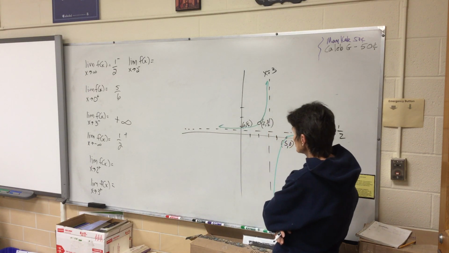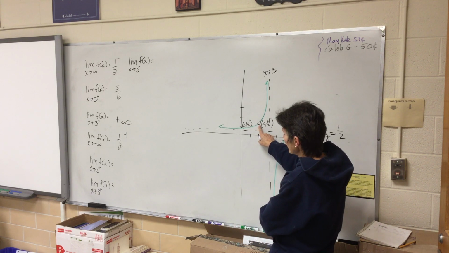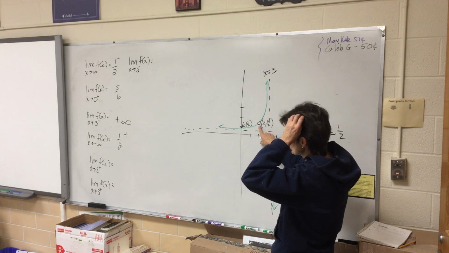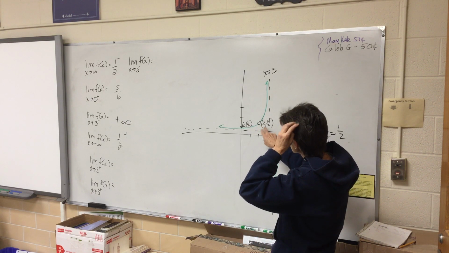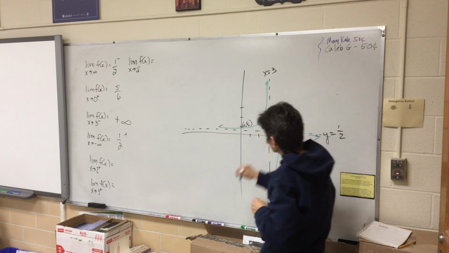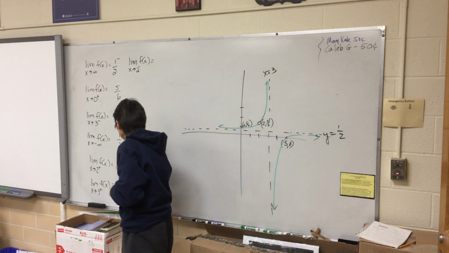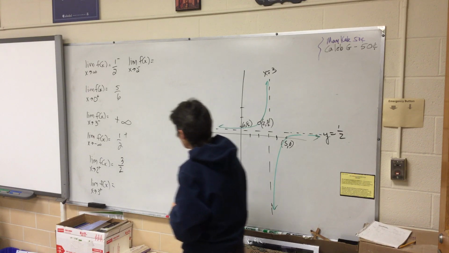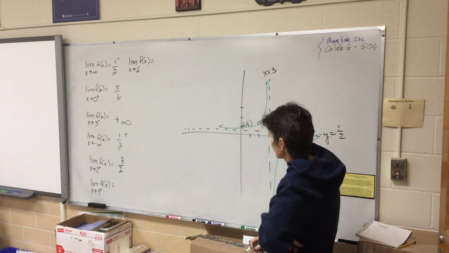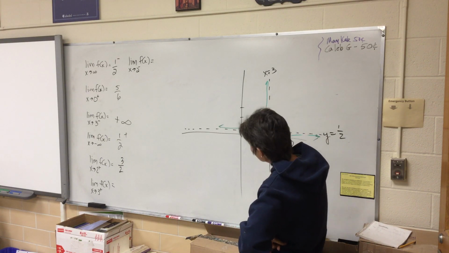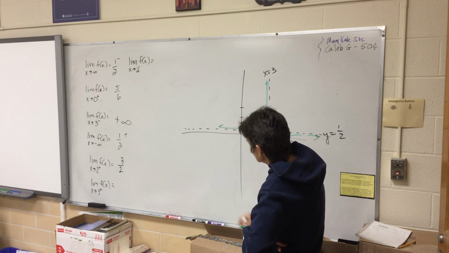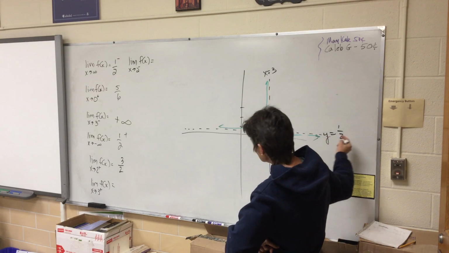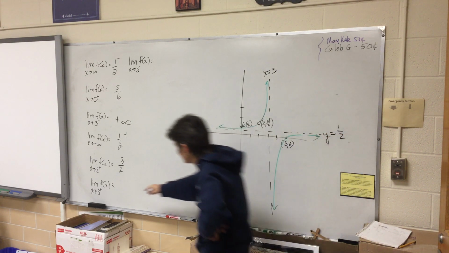All right, x approaches 2. 2 is a point. I know it's a hole, but it functions just like a point. 2 is an ordered pair, so the limit is the y value. Three is an asymptote, so I have to pay attention to which side I'm coming from. I'm coming from the right side, the positive side.